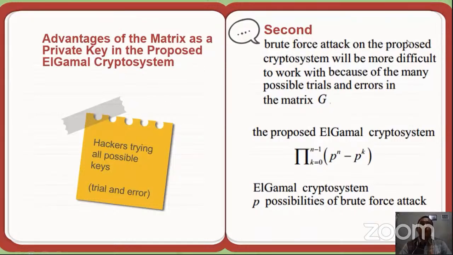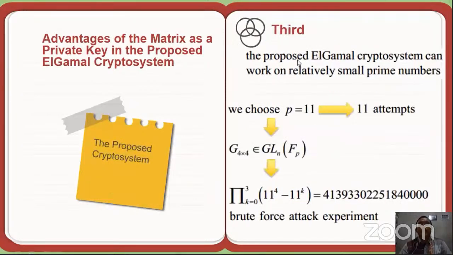Brute force attack on the proposed crypto system will be more difficult because of the many possible trial and error attempts in the matrix G. The proposed crypto system can be calculated by this equation. But in the ElGamal crypto system and its variants, or in previous research, we only have P possible brute force attempts.